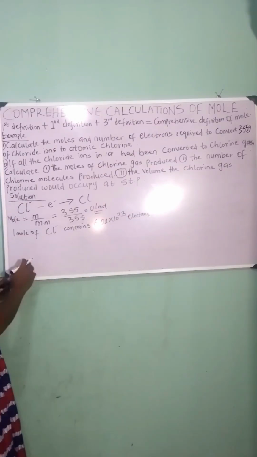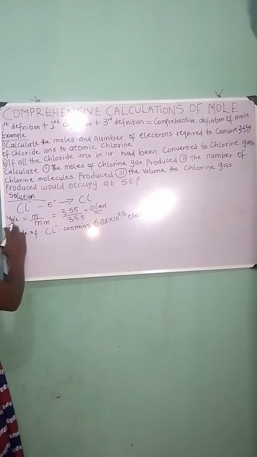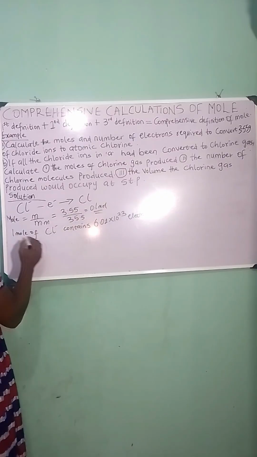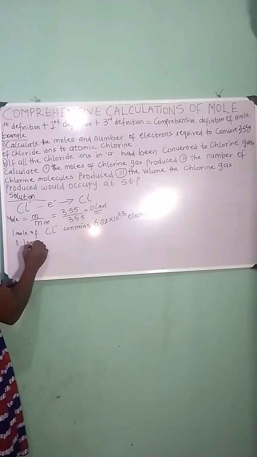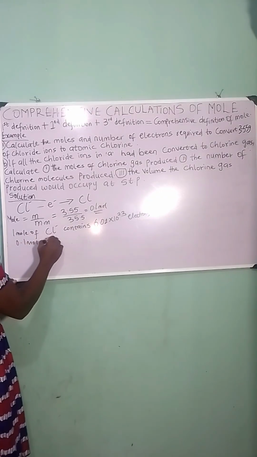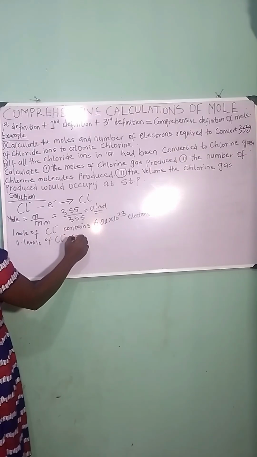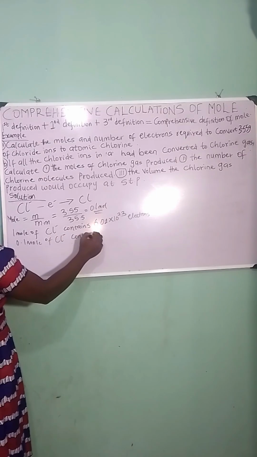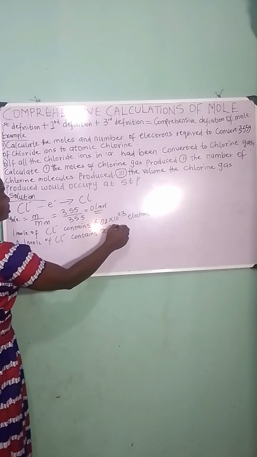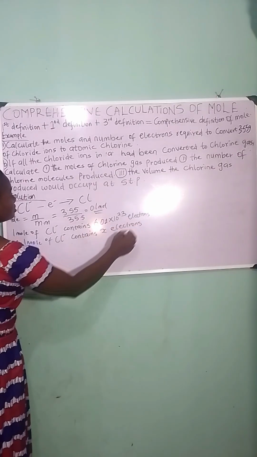Now, what is the number of moles that we are able to calculate? 0.1 mole. Now, we say 0.1 mole of chlorine atom contains X electrons. We do not know.